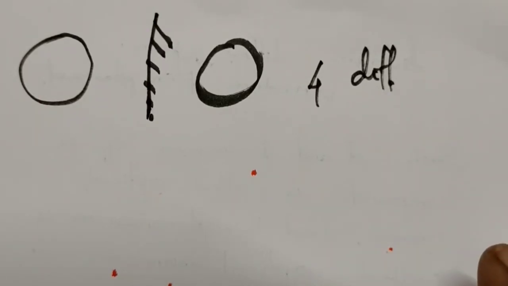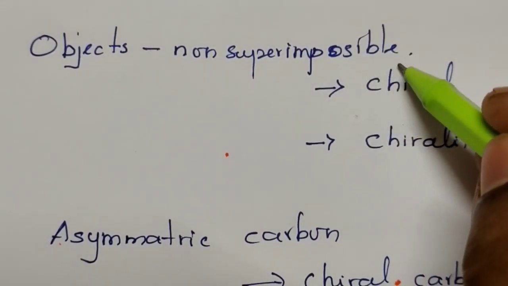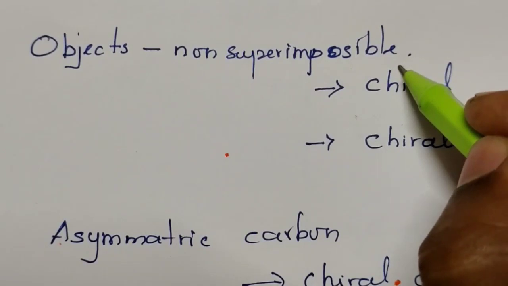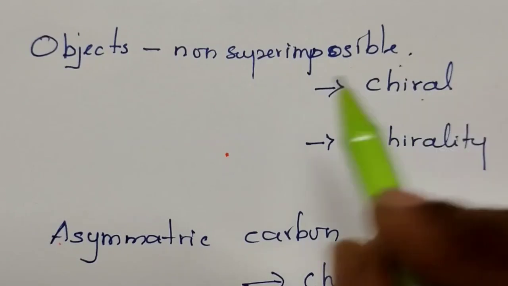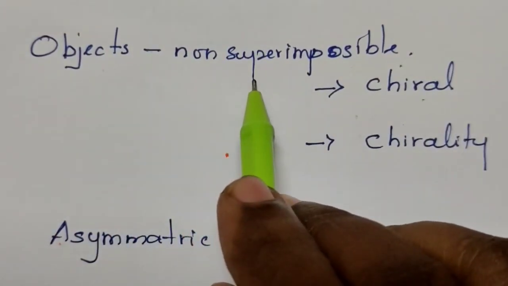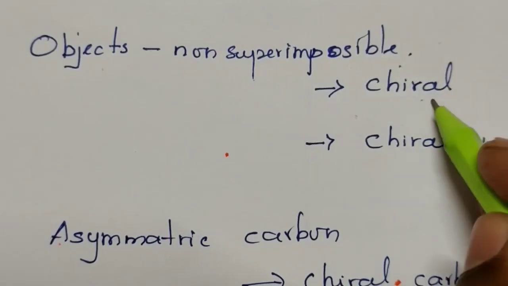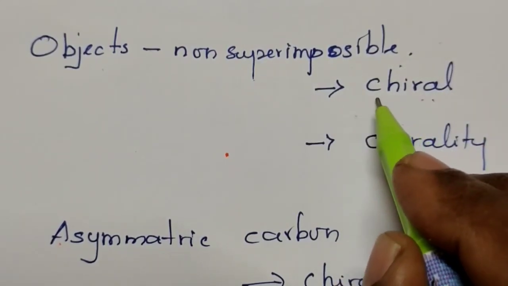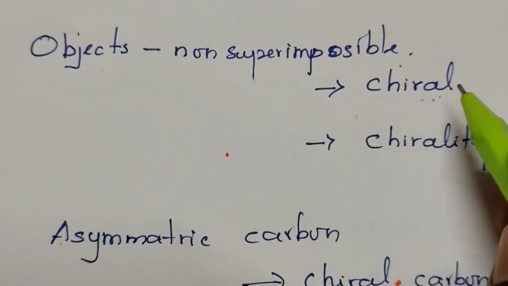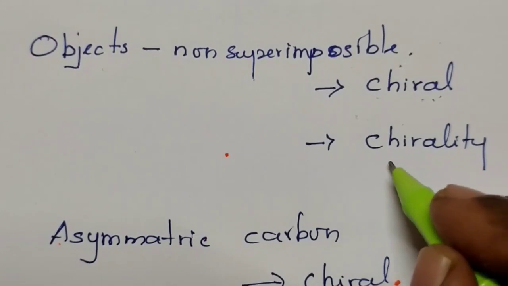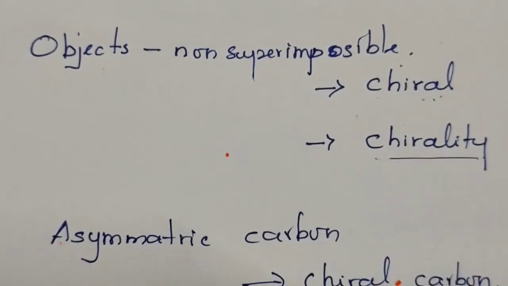Objects which are non-superimposable with their mirror images are called chiral, and this property is called chirality.